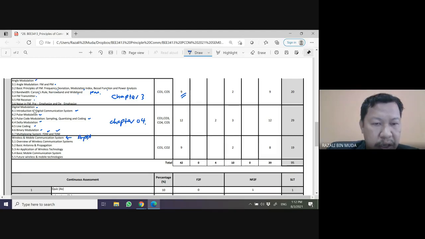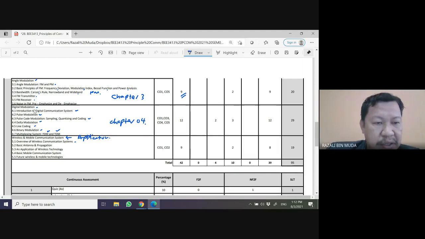Application of these communication systems, wireless and mobile communication systems. So, an overview of wireless communication systems and the various types of wireless communication systems.